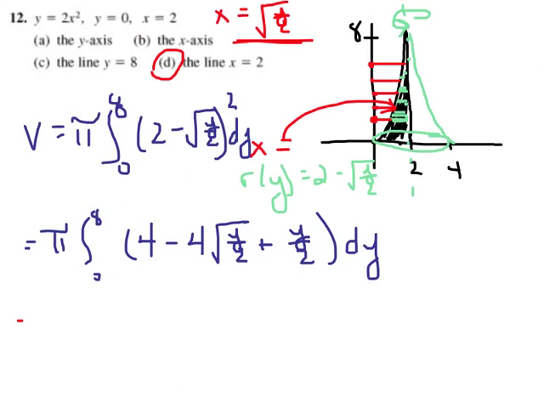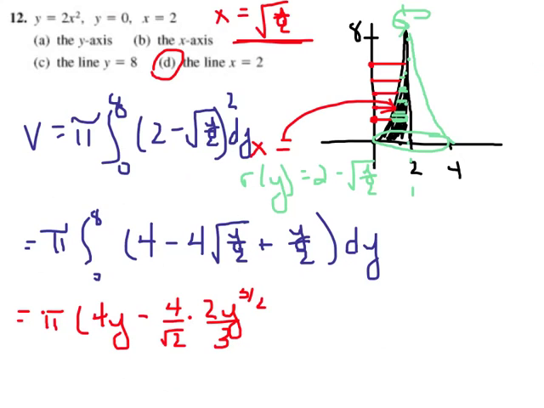So this is pi times 4y minus, now I'm going to think of this as 4 over the square root of 2, and then I'm going to integrate the square root of y. So the integral of y to the 1/2 is y to the 3/2 times 2/3.